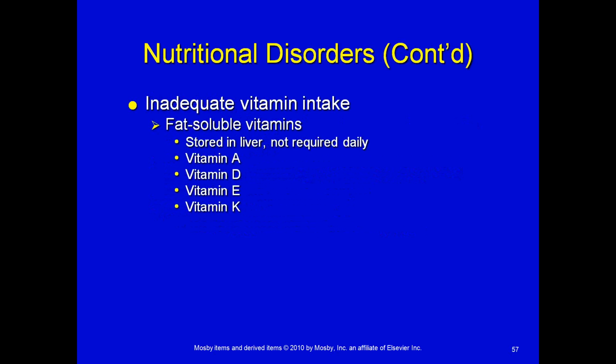Inadequate vitamin intake. Fat-soluble vitamins are stored in the liver, and because they're stored in the liver, they can be taken out when needed, and they include vitamin A, vitamin D, vitamin E, vitamin K, certainly all very important vitamins in maintaining homeostasis.